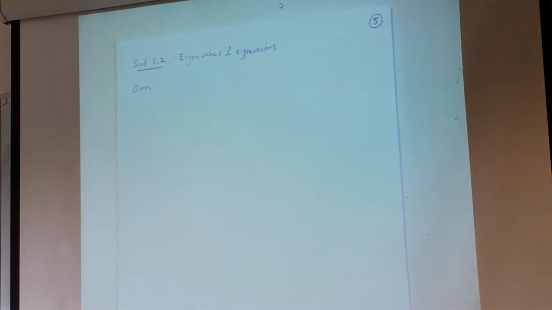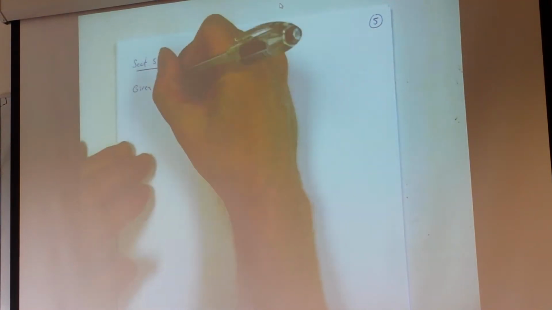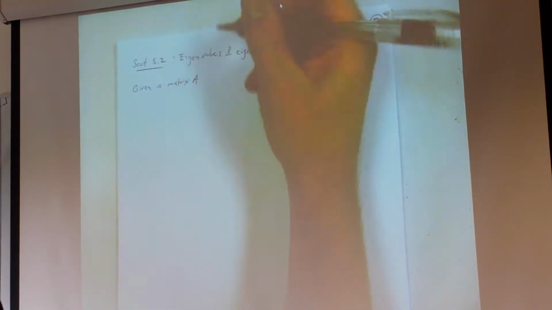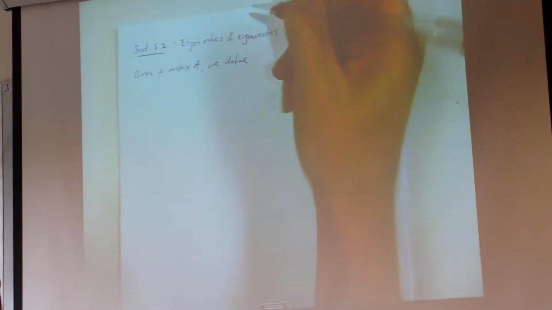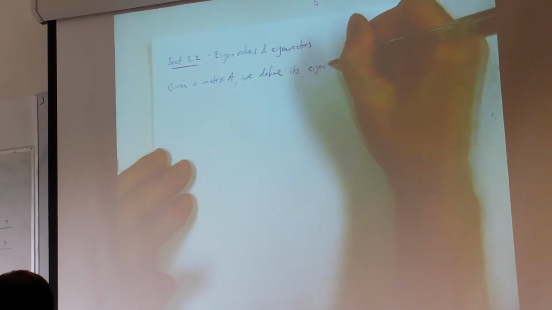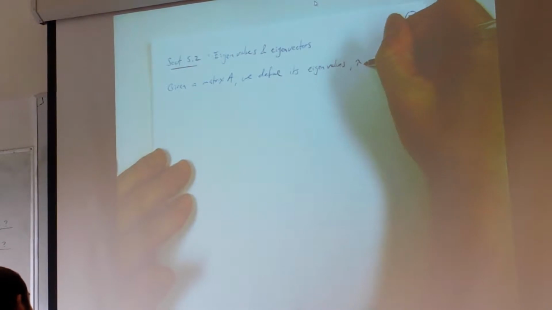So we say that a matrix has eigenvalues and corresponding eigenvectors to those eigenvalues. So it's defined in terms of a matrix. So given some matrix A, we define its eigenvalues, which we call lambda sub i.